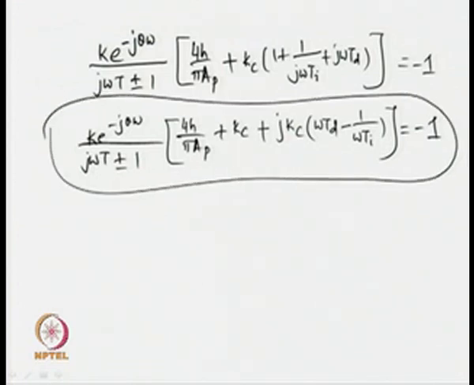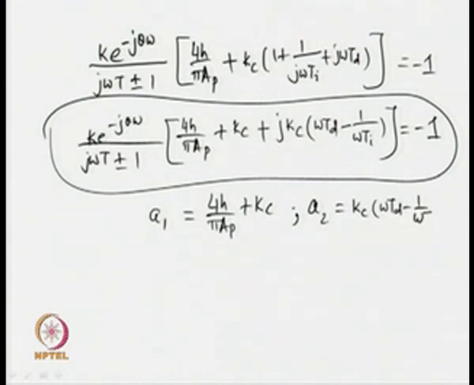Now, allow me to introduce some constants: A1 is 4h divided by πa plus K_c, and either A2 or B1, it does not matter. So, A2 is equal to K_c times (ωT_d minus 1 upon ωT_I).